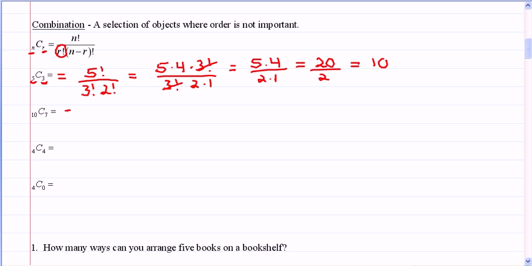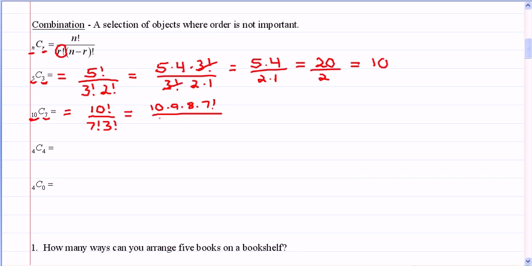So for 10C7, we start with our left number, our n, 10 factorial, and we divide it by the r, which is 7, so 7 factorial. Then we subtract 10 and 7, which is 3 factorial, and we expand the numerator, and we're going to stop at 7 because 7 is the larger number in the denominator.